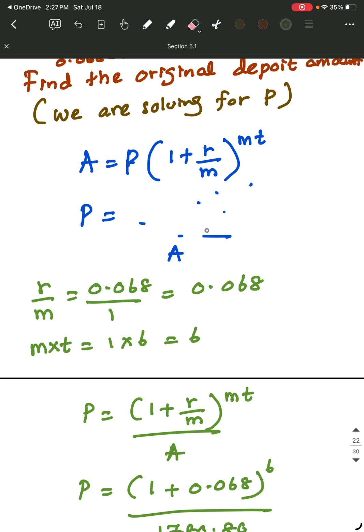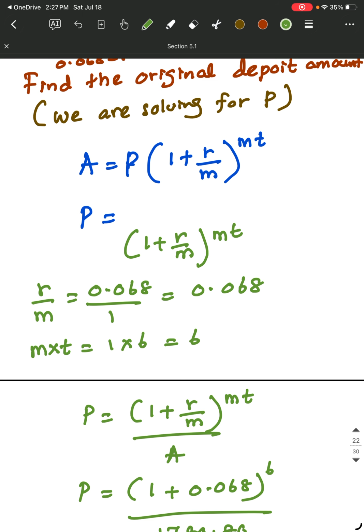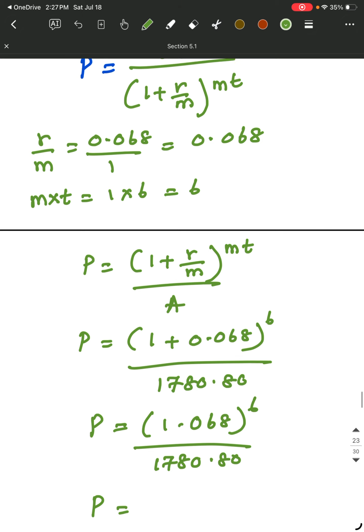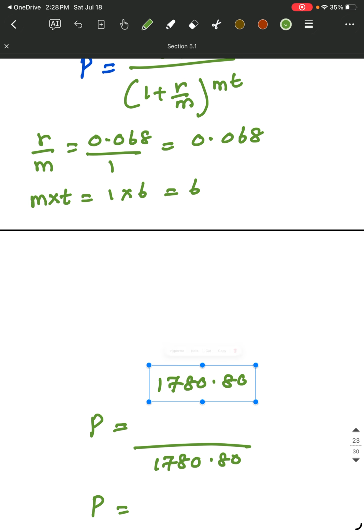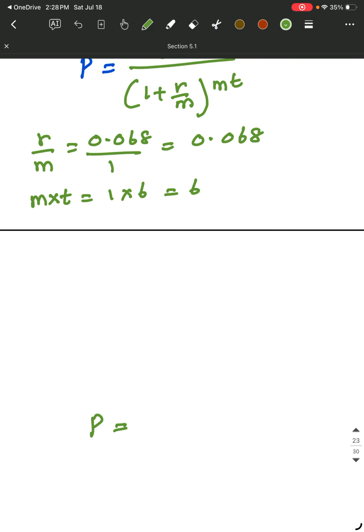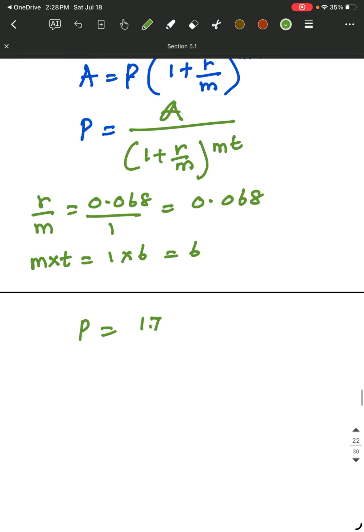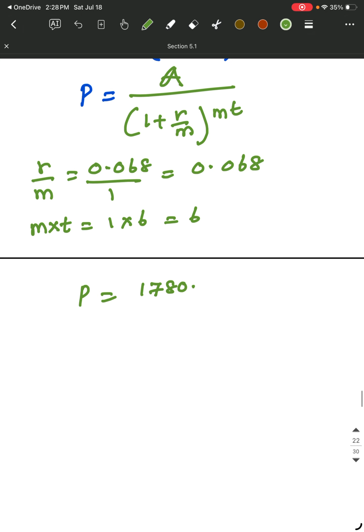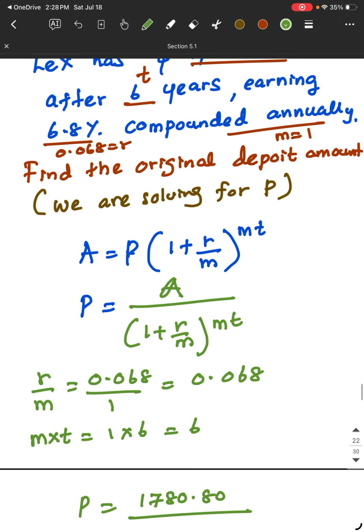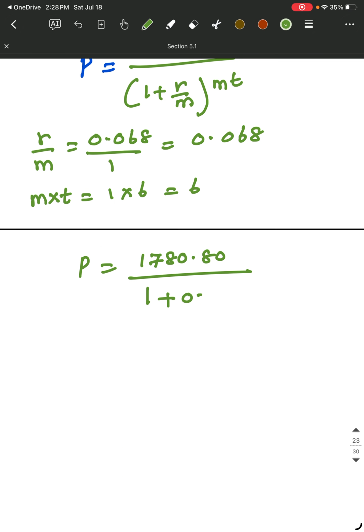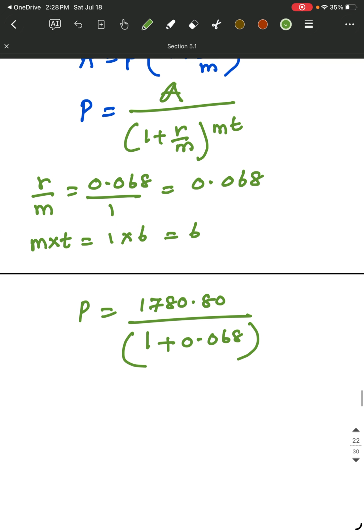It should be isolate P. So P equals A over 1 plus R over M to the power MT. P equals 1780.80 over 1 plus 0.068 to the power 6.